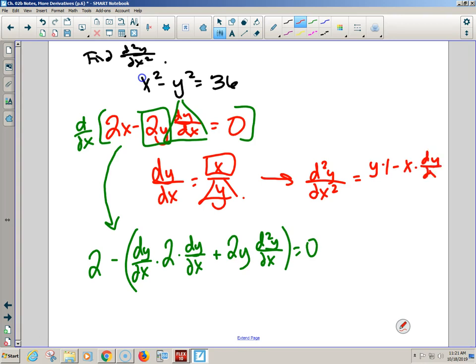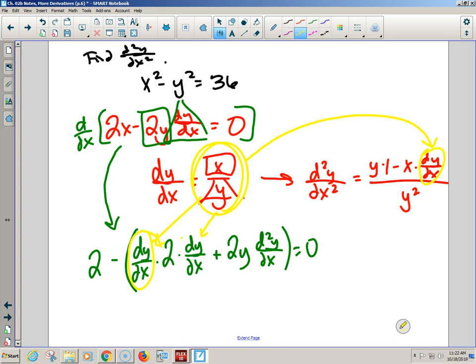It should end up being the exact same. They just don't have a complex fraction, but they have complicated other stuff to deal with. No matter how you do it, you're going to have to take that dy dx and either plug in here or plug in here. Both of them need plugging in.